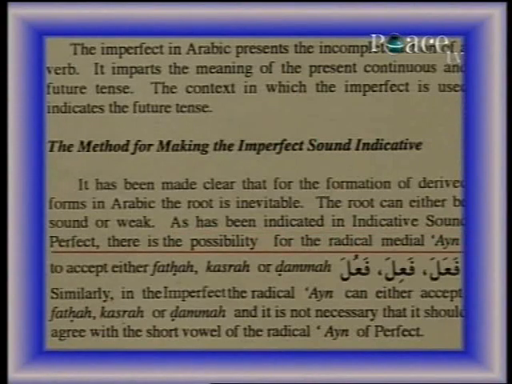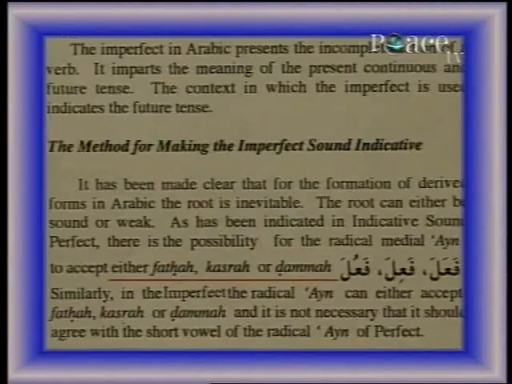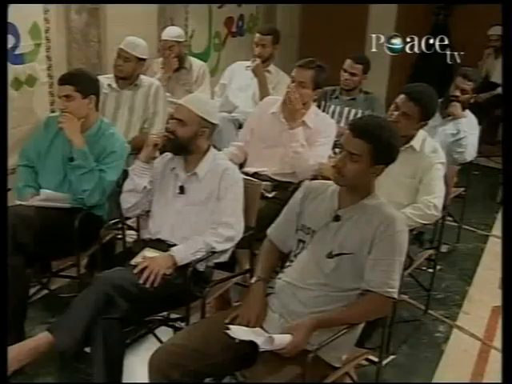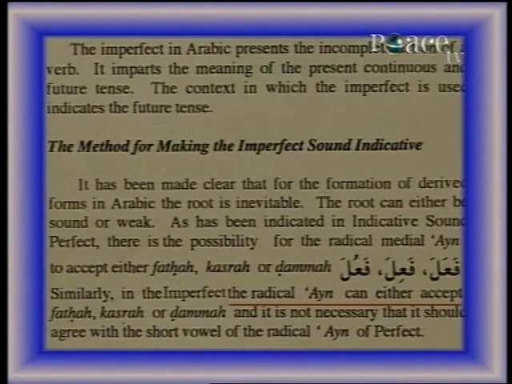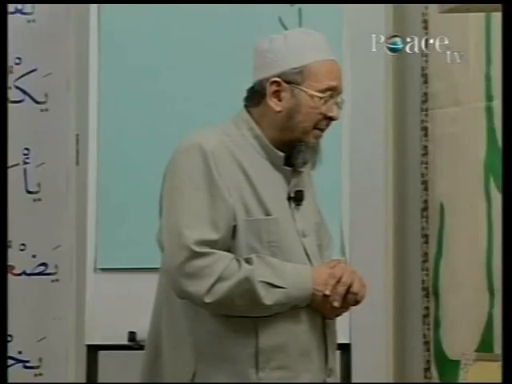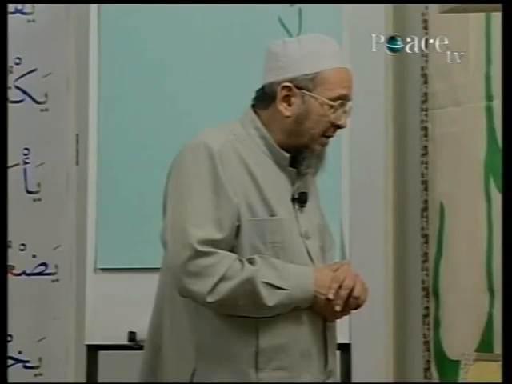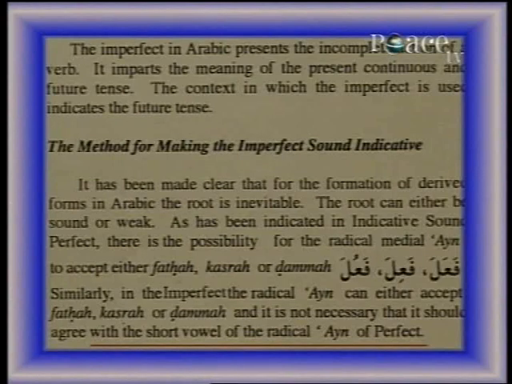There is the possibility for the radical medial ayn to accept either fatha, kasra, or dhamma: fa'ala, fa'ila, or fa'ula. Similarly, in the imperfect, the radical ayn can either accept fatha, kasra, or dhamma. And it is not necessary that it should agree with the short vowel of the radical ayn of the perfect.